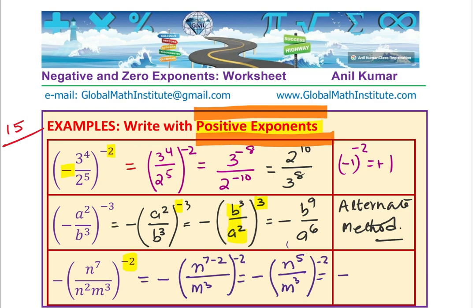And when I flip it, I take it as 2. So we have m cube over n to the power of 5 to the power of 2. Right, the last step here is to multiply these things, but we know all are positive. And therefore, we get negative, negative, and we have m to the power of 6 over n to the power of 10. We got a result.